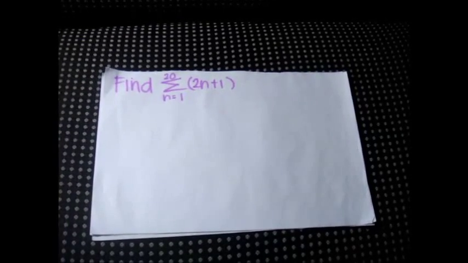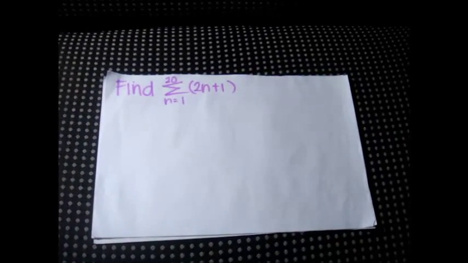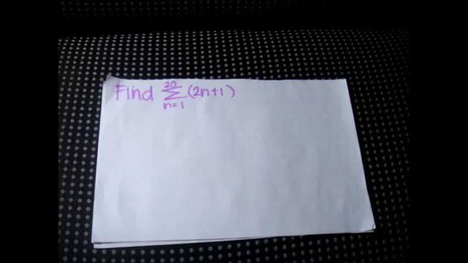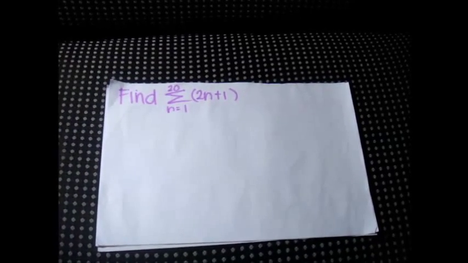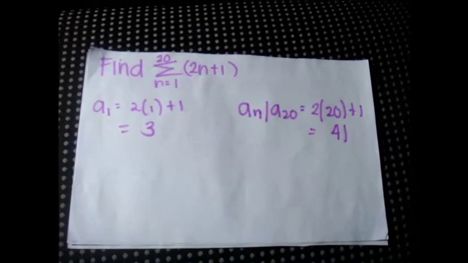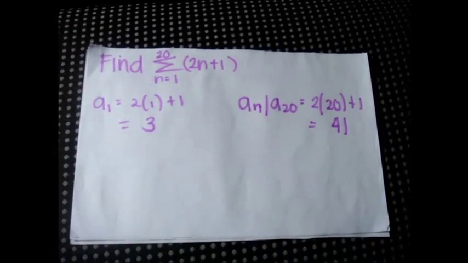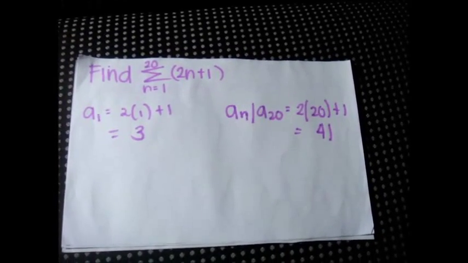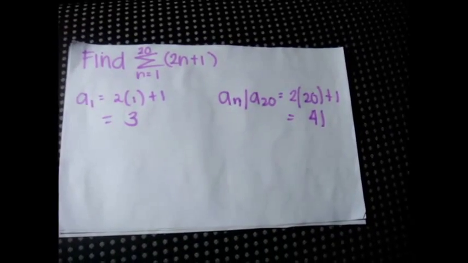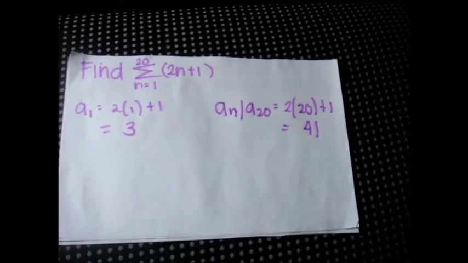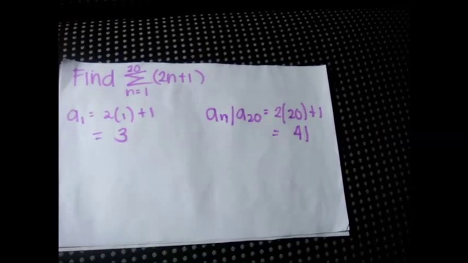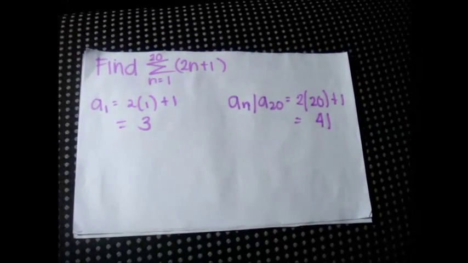But first, we need to get the first term as well as the last term by simply substituting the minimum and the maximum value. Therefore, a sub 1 is equal to 2 times 1 plus 1, which is equal to 3, and a sub 20 is equal to 2 multiplied to 20 plus 1, which is equal to 41.